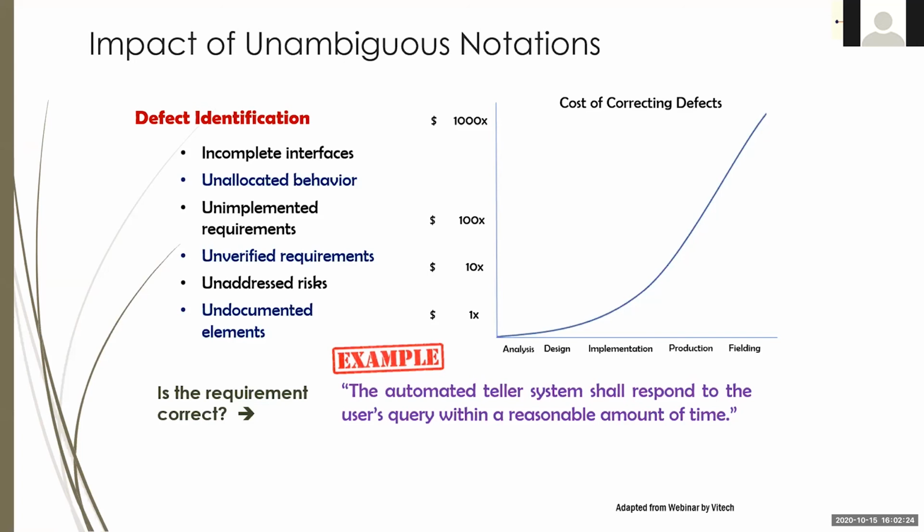Very good. So how come reasonable is not clear? So what is not clear for you? What part of reasonable is not clear? Or what do we need to do to address that problem?